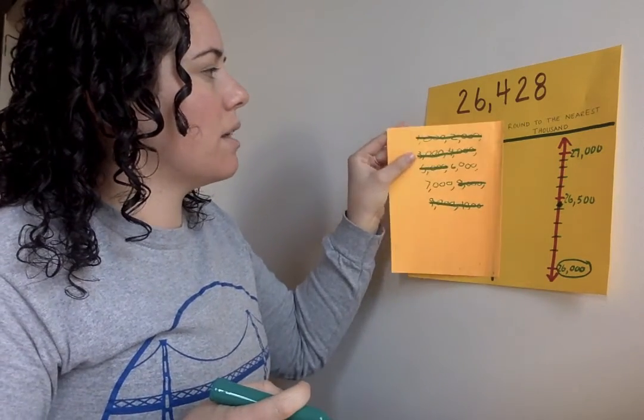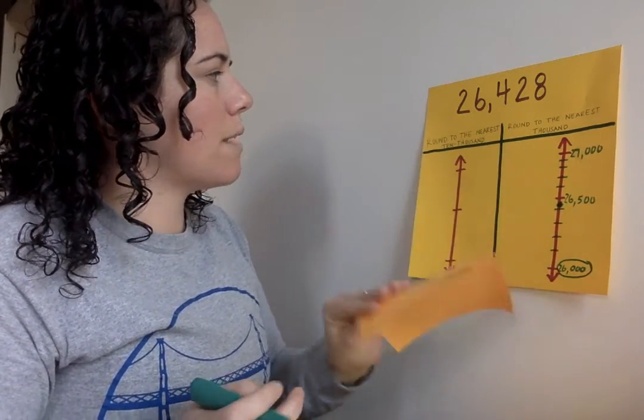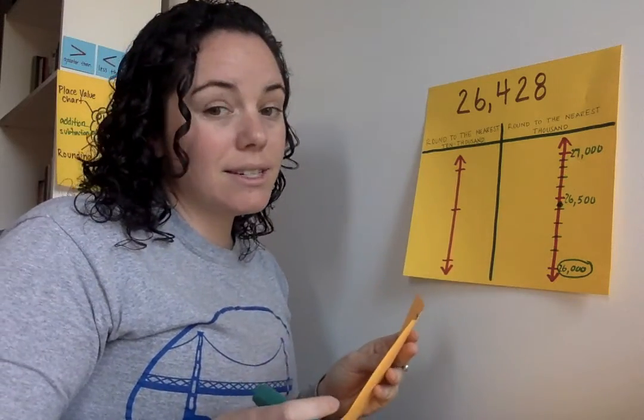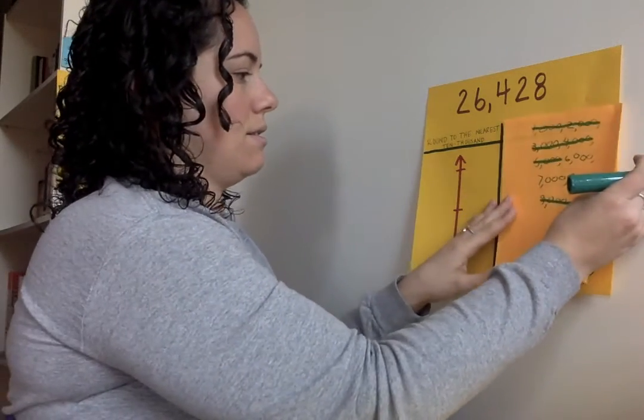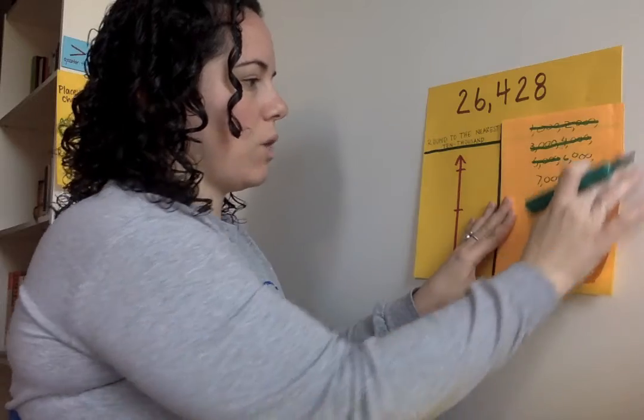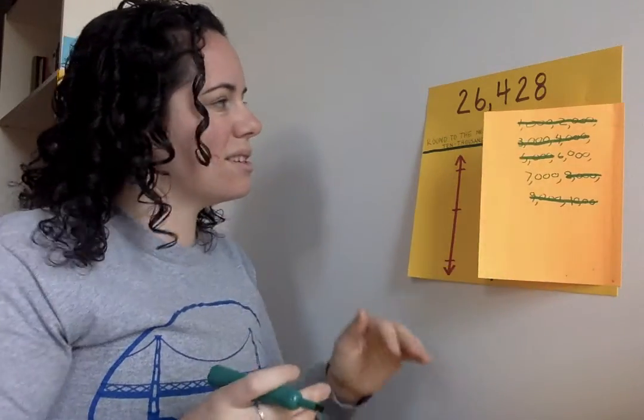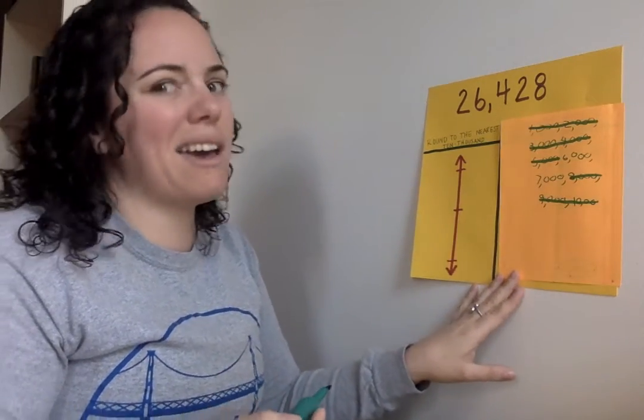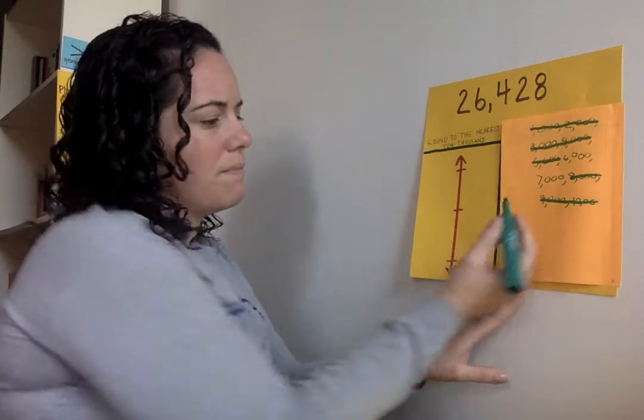Let's try this with rounding the number to the nearest 10,000. Well, the same way I skip counted before by 1,000, here I'm going to skip count by 10,000.